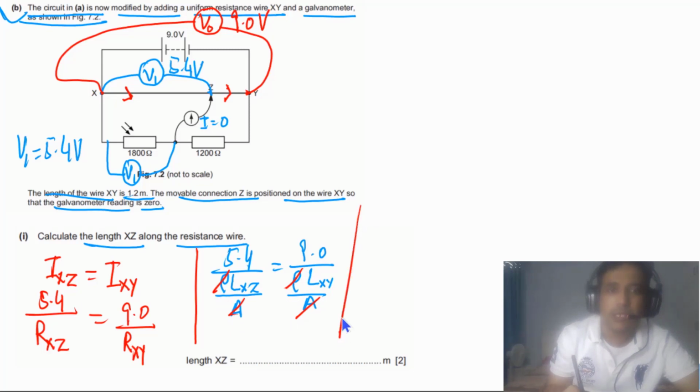So now simply we are left with 5.4 divided by LXZ equal to 9.0 divided by LXY.